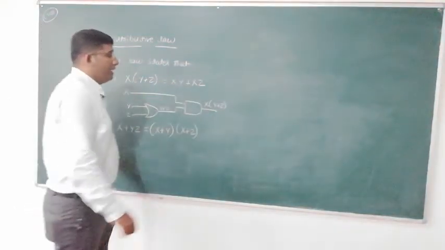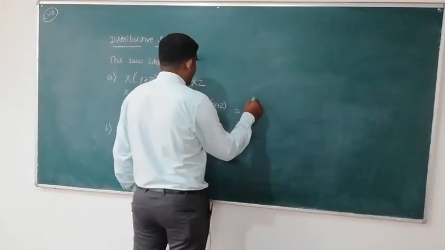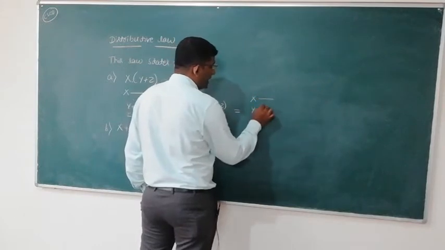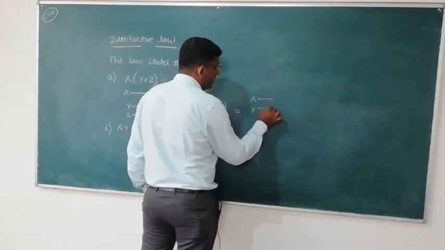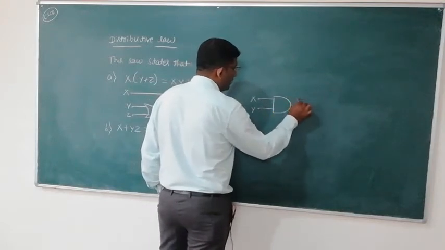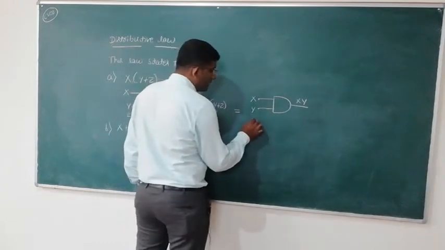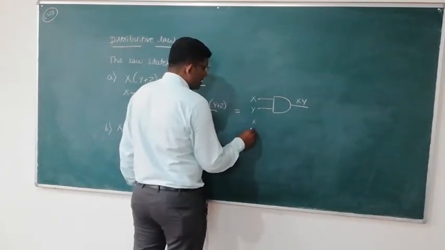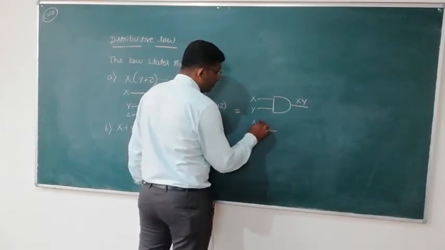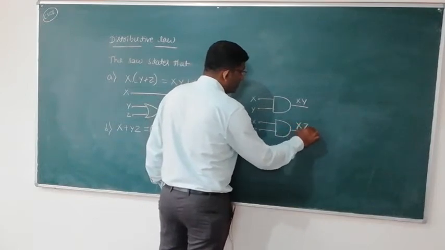In the same way, if I am considering the right hand side, x will be considered as the first input for an AND gate, y will be the second input for an AND gate. If I am providing both inputs to an AND gate, we are going to get xy as output. In the same way, if I am considering x as an input for the second AND gate and z as an input for the second AND gate, the output will be x into z.